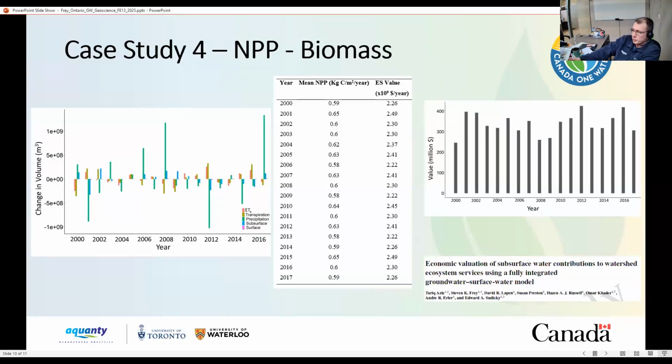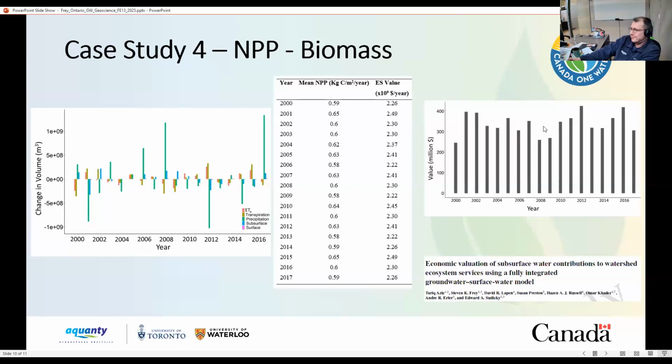And that groundwater contribution can then be valued because biomass can be valued through its ecosystem service value. And through the analysis we did in this particular paper, which is just in press now, we can see that in 2012, there's upwards of $400 million worth of groundwater contribution to ecosystem services associated with biomass production, and that's otherwise a drought year.